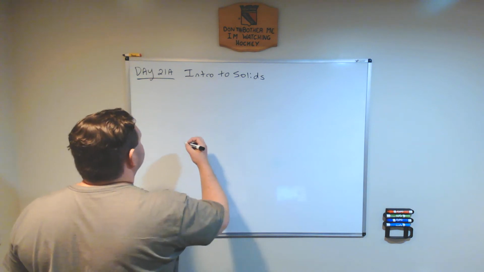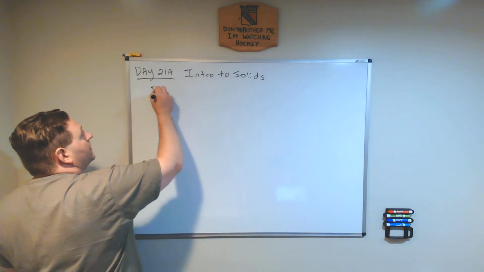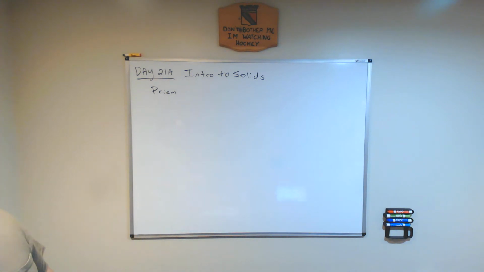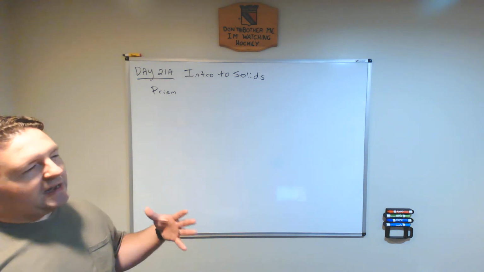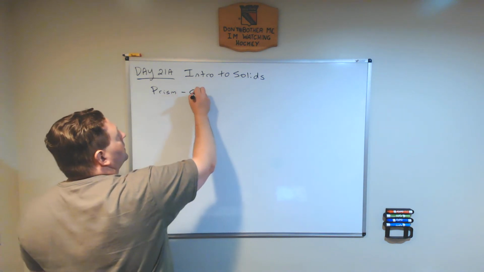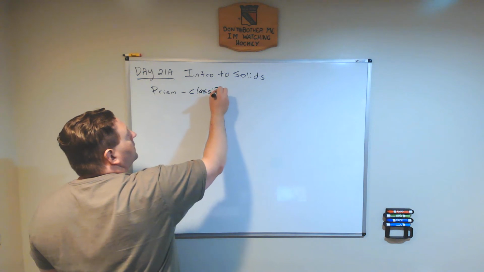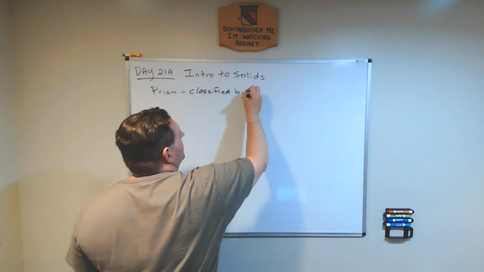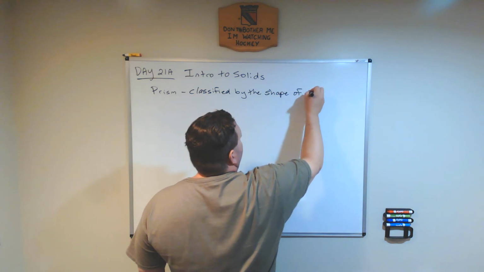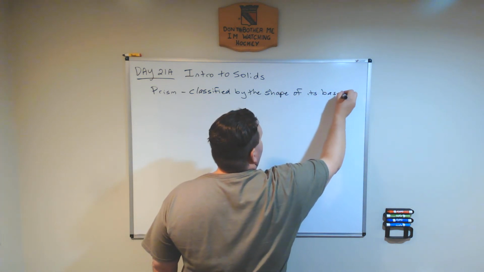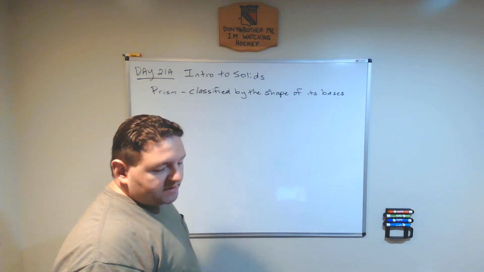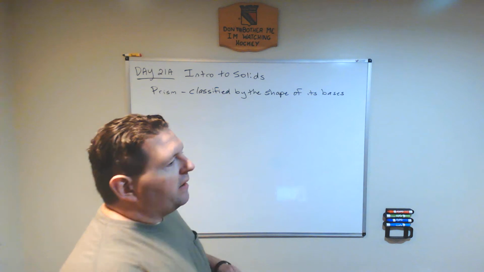So first thing we'll do is a prism. Now a prism is classified by the shape of its bases. And the key with this is the bases are always parallel and congruent.